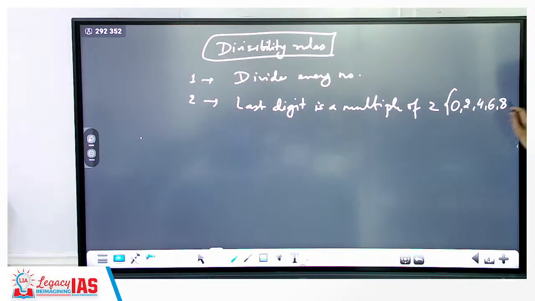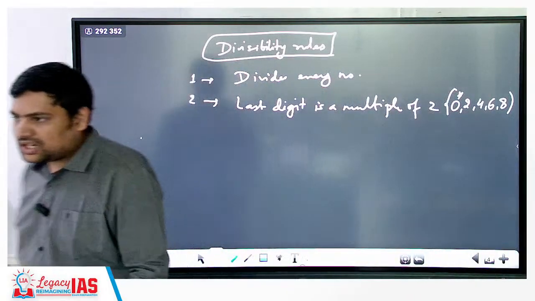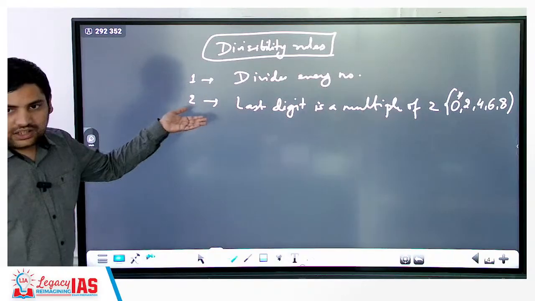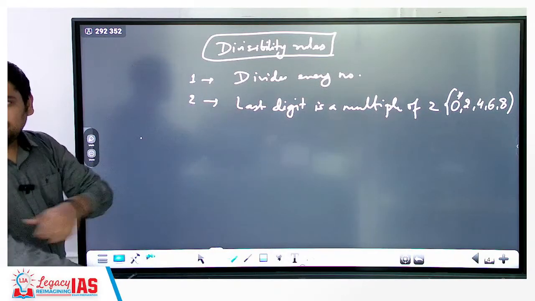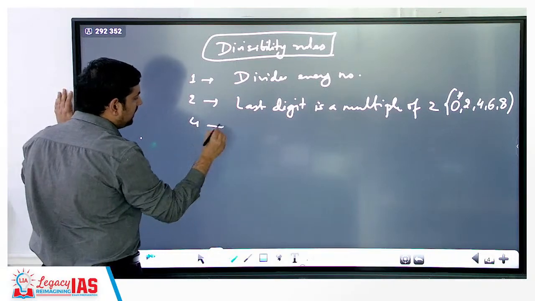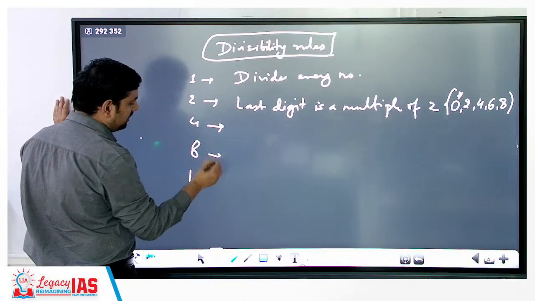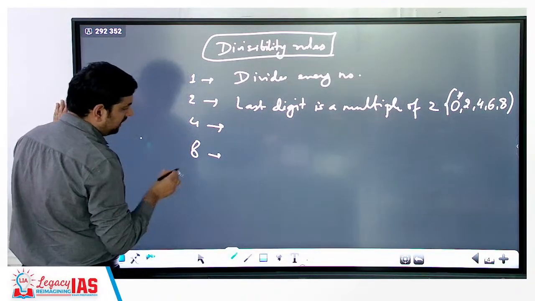It can be 0 also. Why? Because 0 is a multiple of every number. So these are the 5 possibilities of the last digit that you can have. When the last digit is this, then it is called divisible by 2. Then its brothers are 4 and 8.